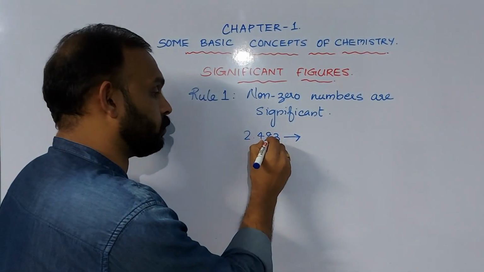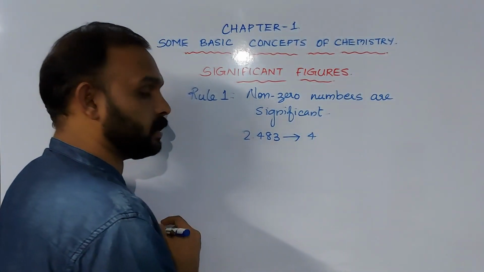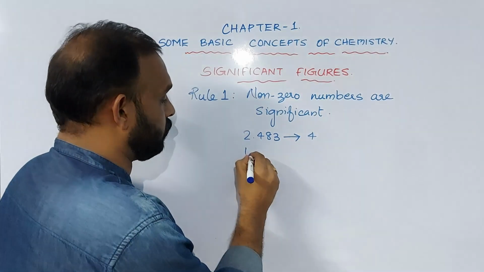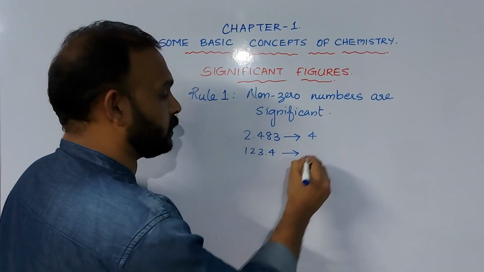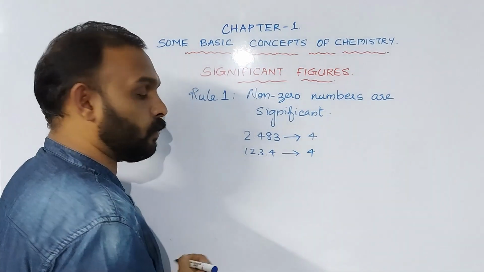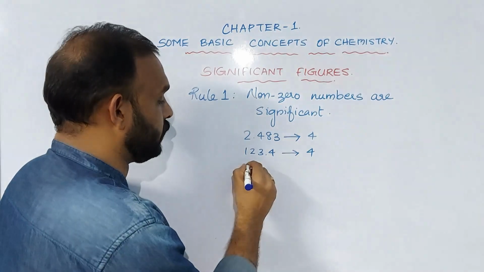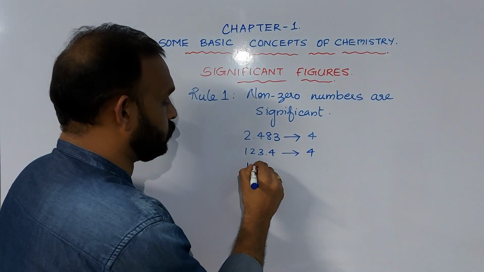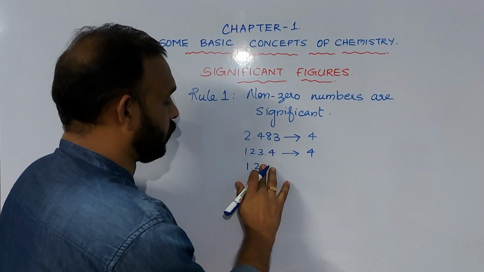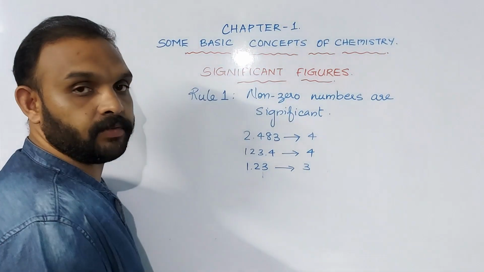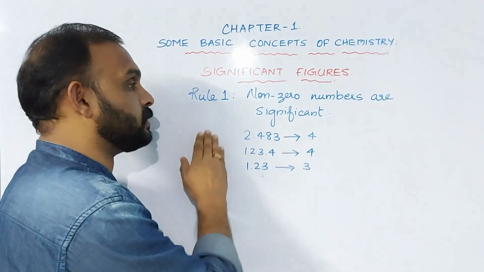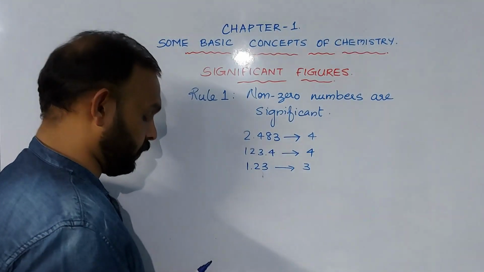We have 1, 2, 3, 4. 4 significant figures. If you are writing 123.4, how many significant figures? Here also we have 4 significant figures. If you are writing 1.23, how many significant figures? 3 significant figures. So the first rule is all non-zero numbers are significant.